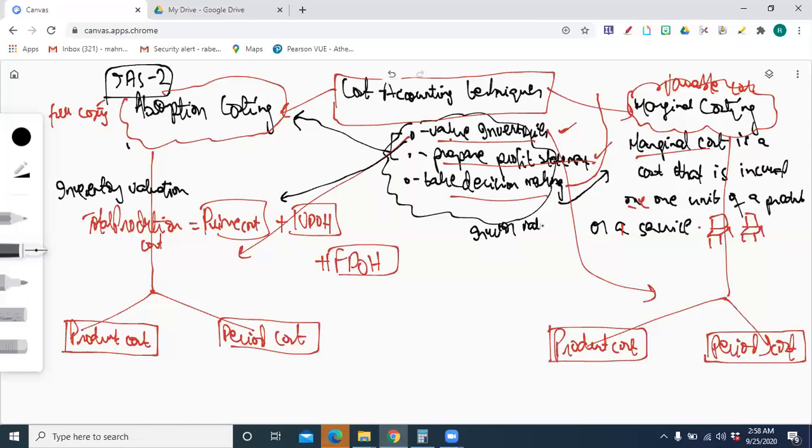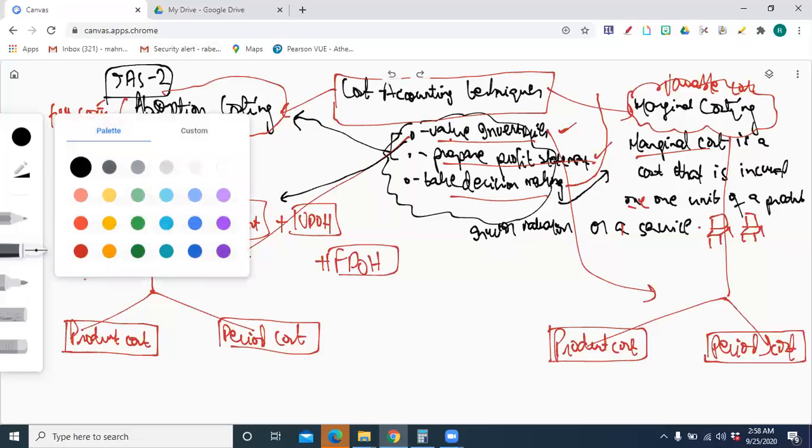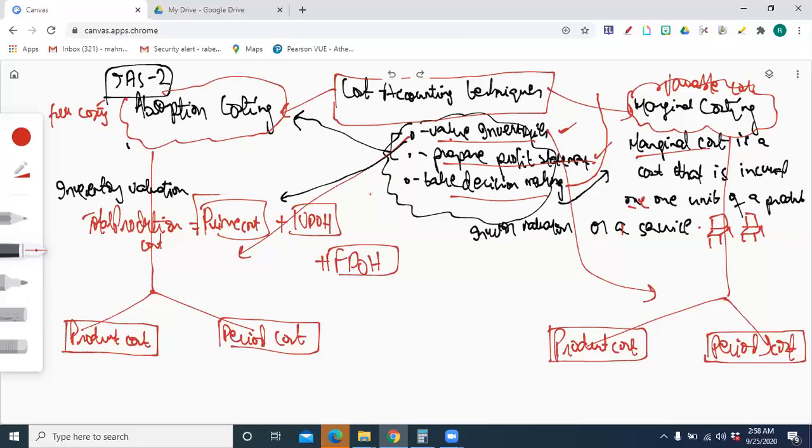So it values inventory on the basis of the variable production cost. What is the variable production cost? Just take the variable portion. Prime cost is a variable cost because it is incurred on every unit of product or service.